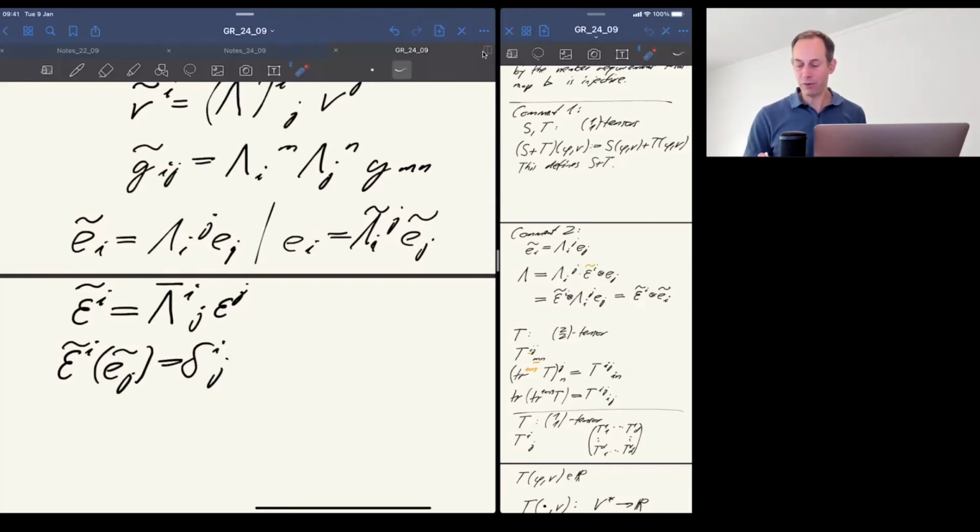One is if I go from e to e tilde, one if I go from e tilde back to e, and you will find that this one is also the inverse of that one. And here I do something different. I go from epsilon to epsilon tilde, and we will also find this one is the inverse of that.